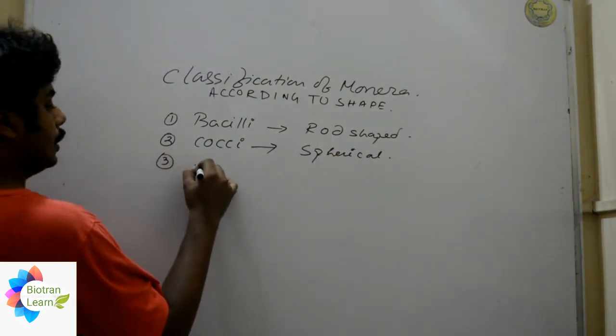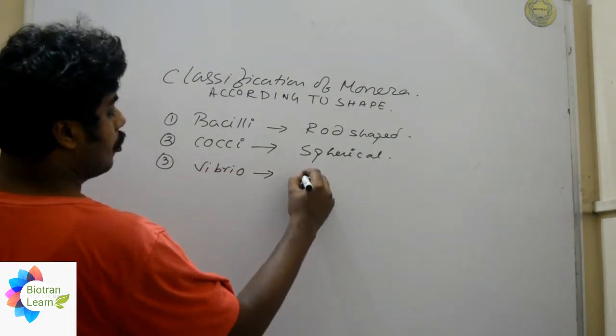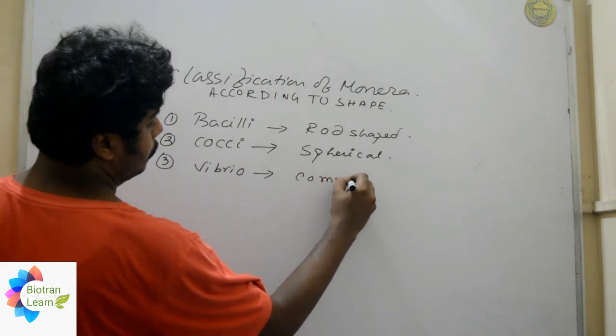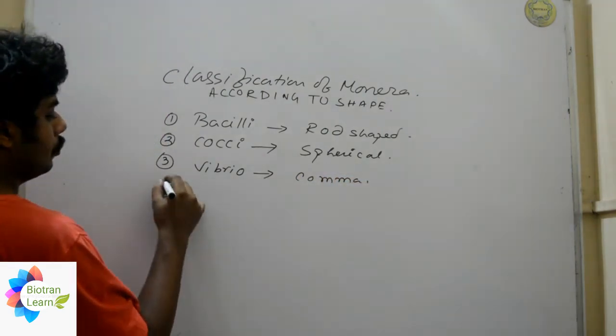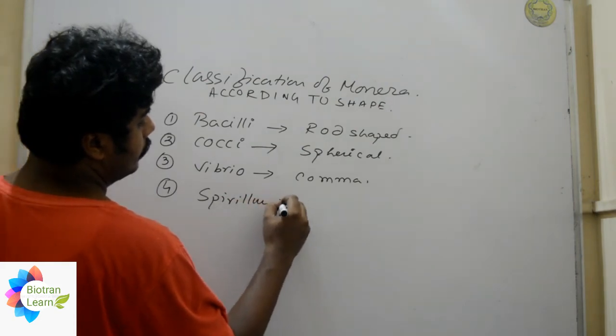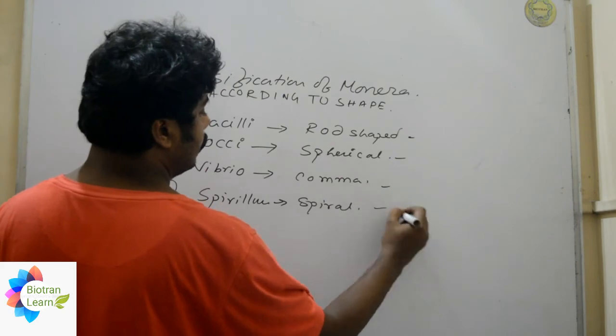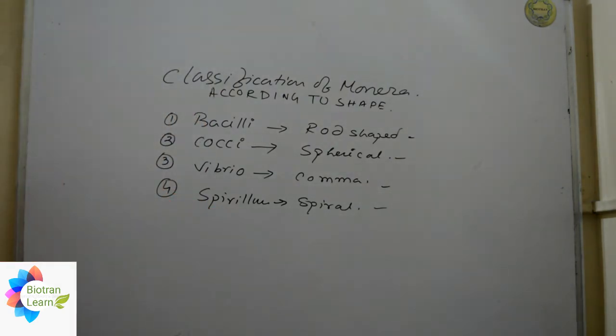Number three, that is Vibrio, they are comma shaped. And number four, spirillum, they are spiral shaped. So these are the four types of bacteria we can observe in nature, right?